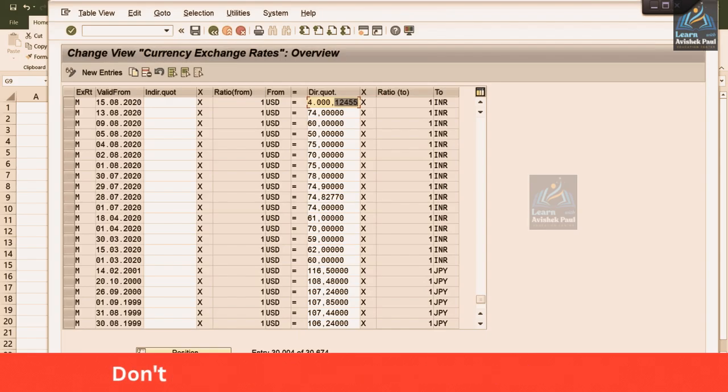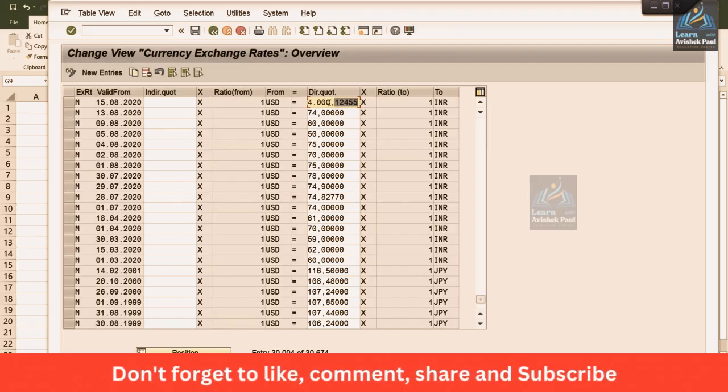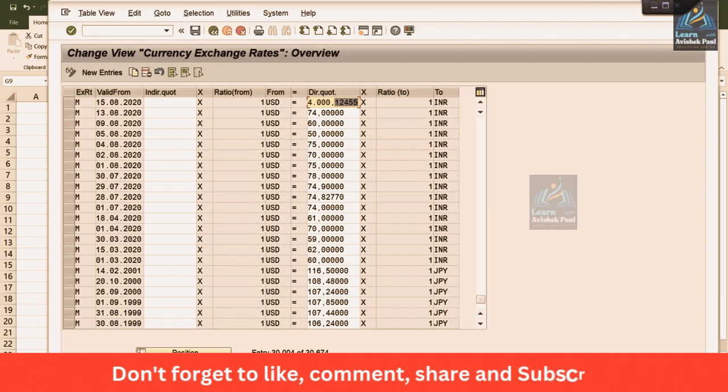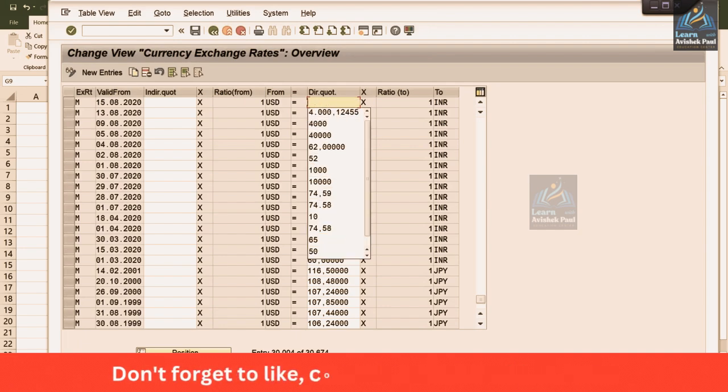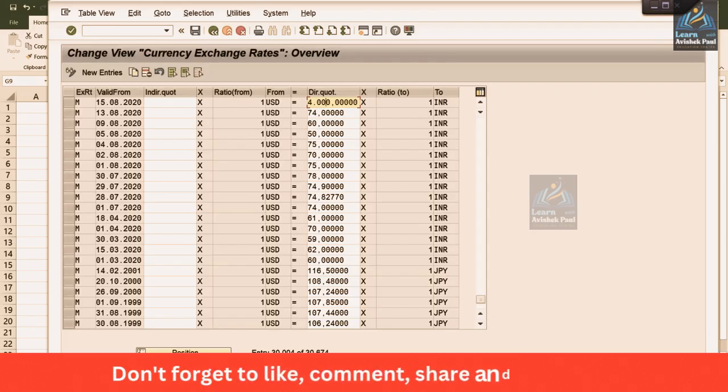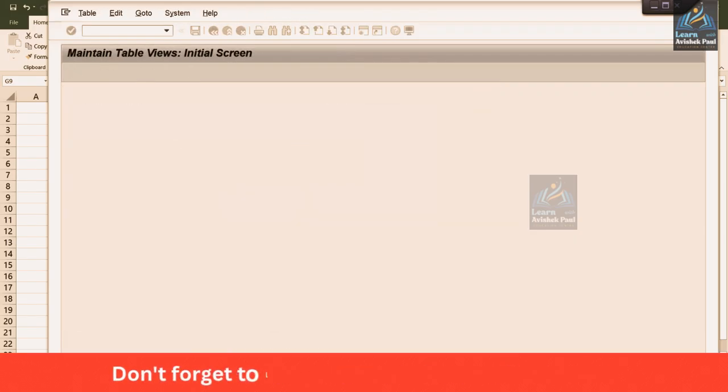Only 4 digit space is there. So system is saying that no, in that format we cannot specify. Maximum 4 digits here for the main amount, and after the 4 digits, whatever remains is for decimal places. So if I have to specify 40,000 here, then what will happen? 4,000 can be specified here. Okay, save it. And then what is happening, guys?